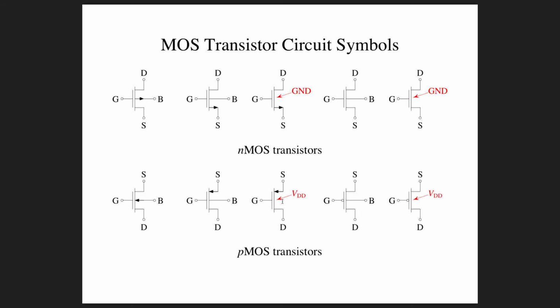So VDD would be the positive power supply in a CMOS circuit, and it would be the default for the PMOS transistor. And again, these most positive and most negative power supply defaults are so that we ensure that our source to bulk and drain to bulk junctions always remain reverse biased.